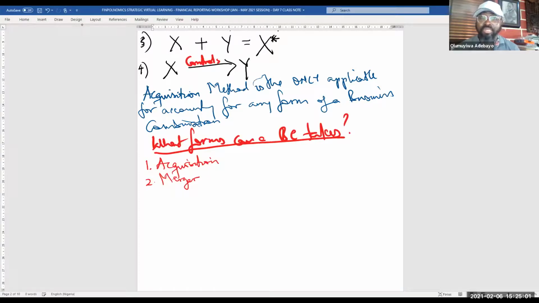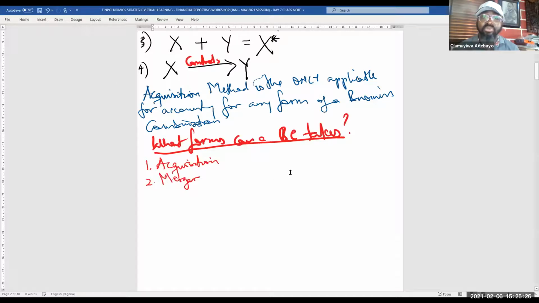And a practical example that's fitting is what somebody mentioned with respect to Access Bank and Diamond. Access Bank acquired Diamond with the hope of subsuming Diamond. And that is why such an acquisition was eventually described as a merger of Access and Diamond.